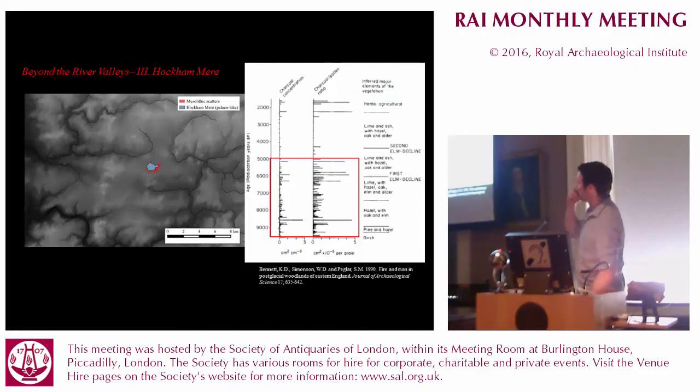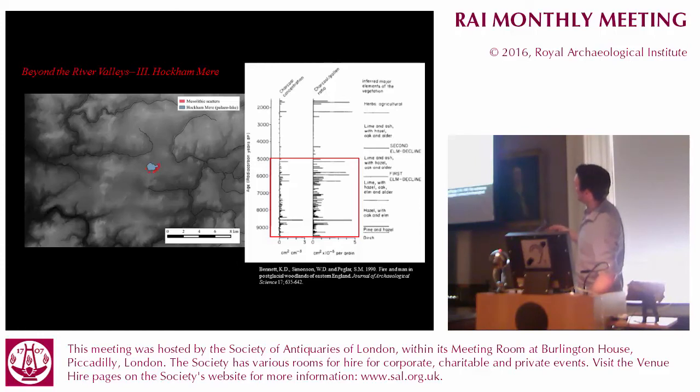of activity away from the riverine centres, as you might call it, is at Hockham Mere. And there are other examples of occupation occurring around these lakes in South Norfolk and North Suffolk, such as Langmere.